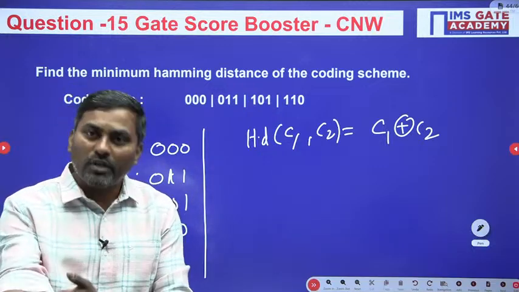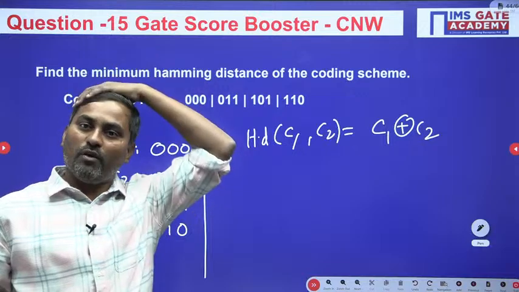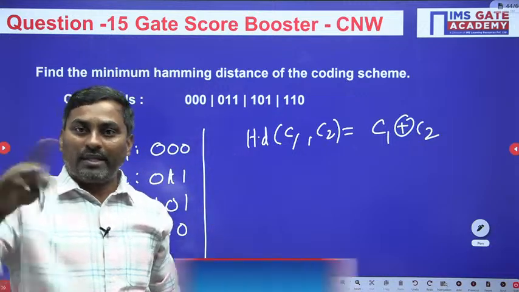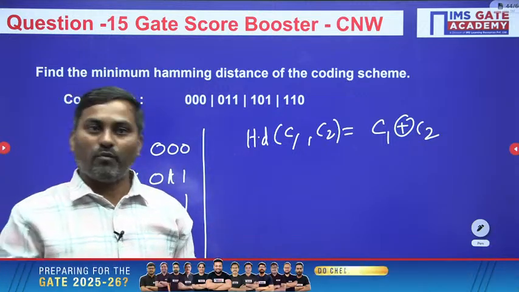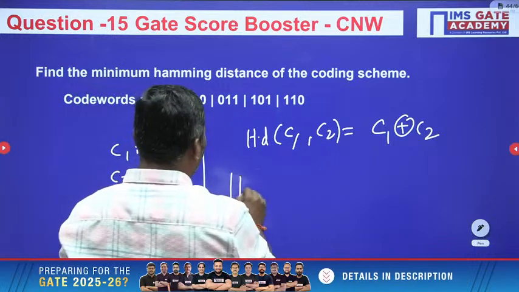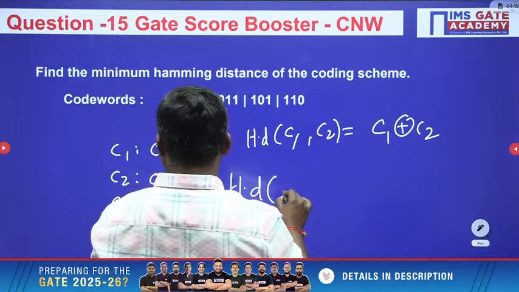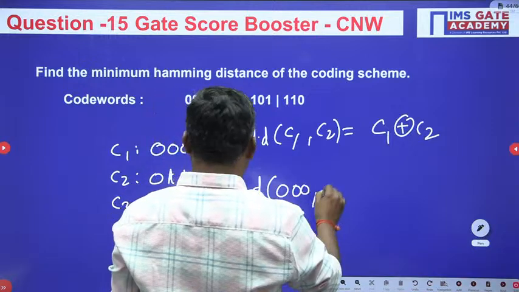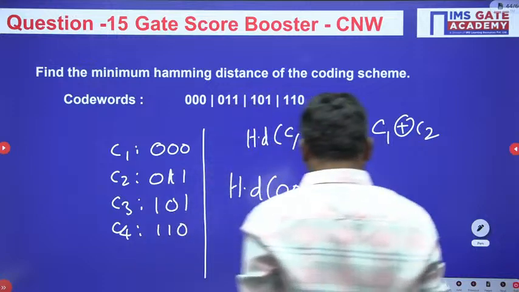To detect up to t bit errors, t plus 1 is required. To correct up to t bit errors, 2t plus 1 is required. Now, Hamming distance of C1, 0, 0, 0, and C2, 0, 1, 1: what is the XOR operation?